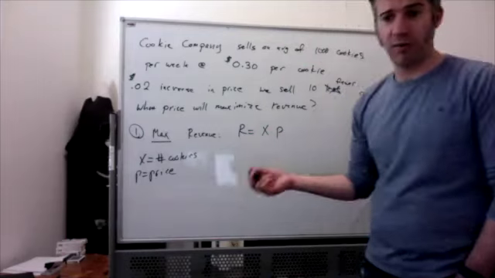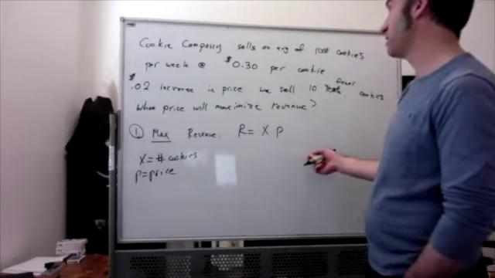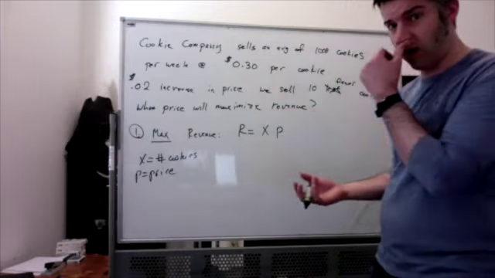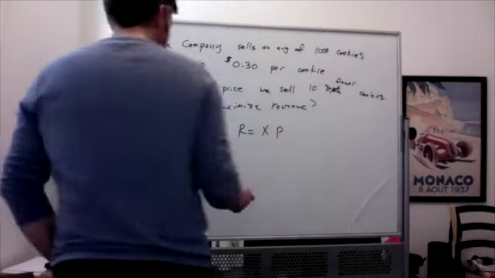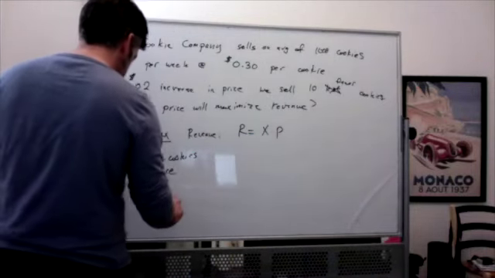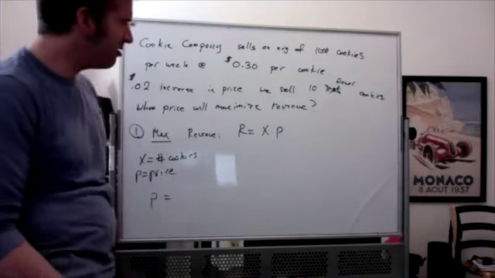But we also know that the price depends on the number of cookies sold. Again, this is always the part where it's kind of hard to make sure it works out right. So the price of a cookie, we know it's 30 cents when the number of cookies is 1,000.